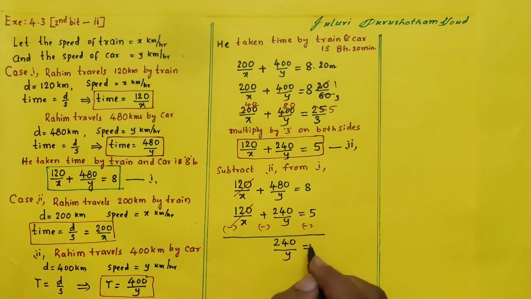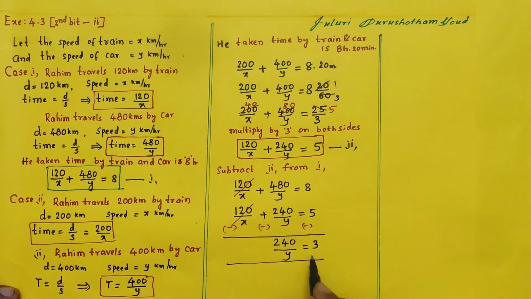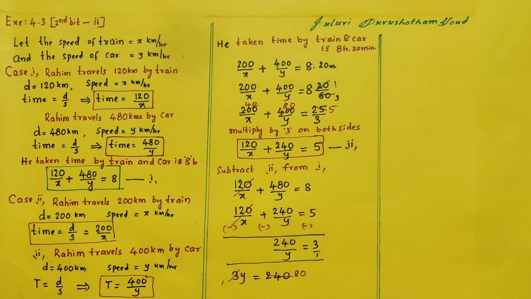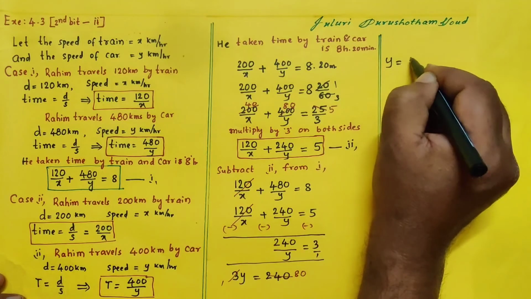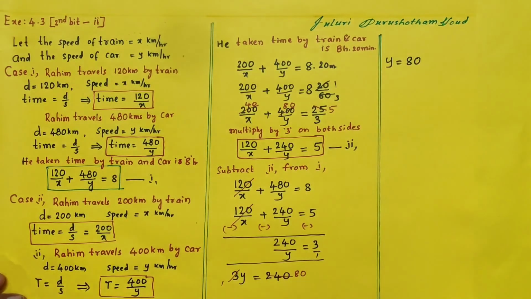Here 8 minus 5, we get 3. So do the cross multiplication: 3y is equal to 240. When I cancel 3, 3 eights are 240. So here we got y is equal to 80.